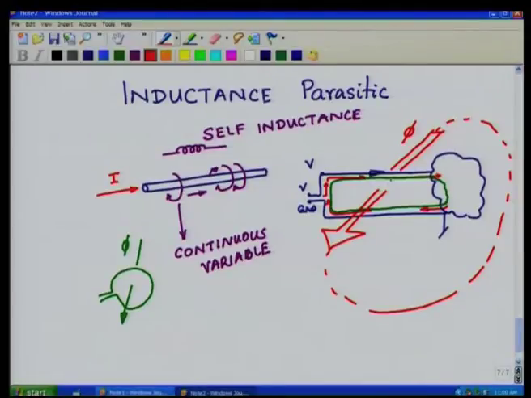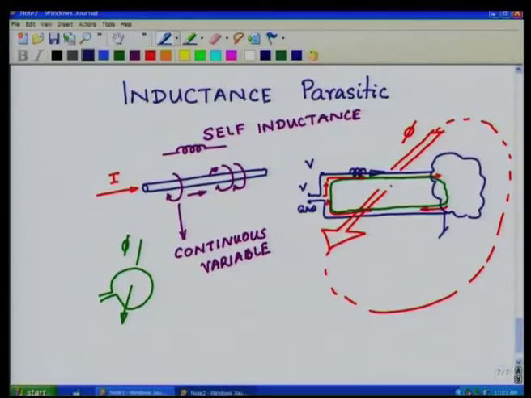A flux going through this loop implies that the current in the loop cannot change instantaneously, which means an inductance is set up here. It is parasitic, all distributed, but shown as lumped. So, an inductance can be set up just by a current carrying conductor, self inductance. It could also be set up by a current flowing in a loop, by a current going in the forward path and return path.